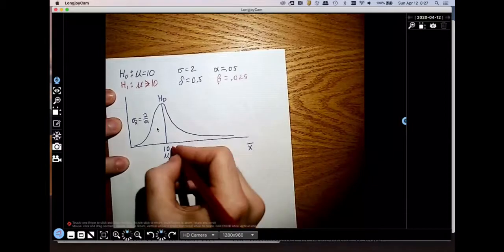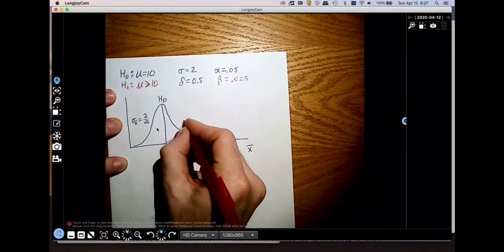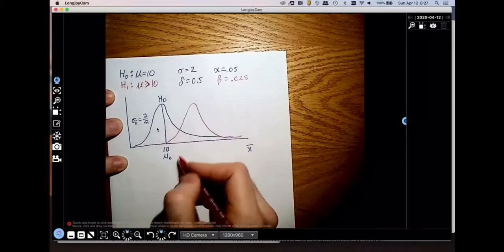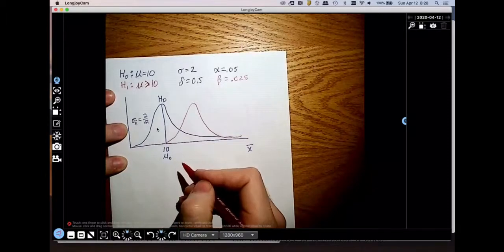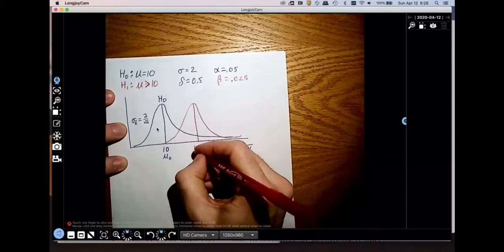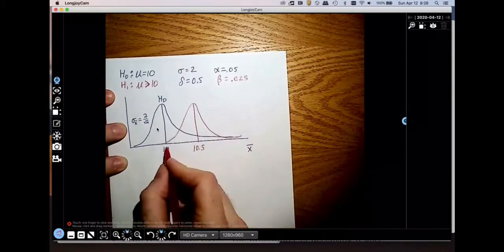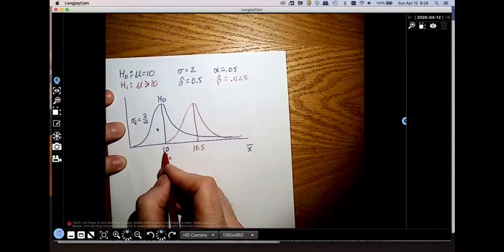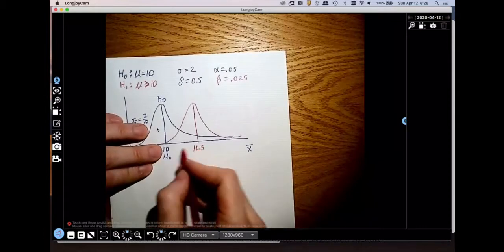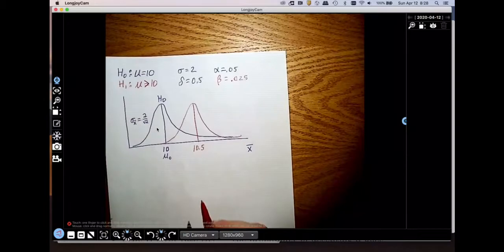Now under the alternative, the mean is going to be greater than 10, and I'm really interested in cases where this mean is equal to 10.5 or more. So if the difference between the null reference value and my true mean is bigger than the half I care about it.